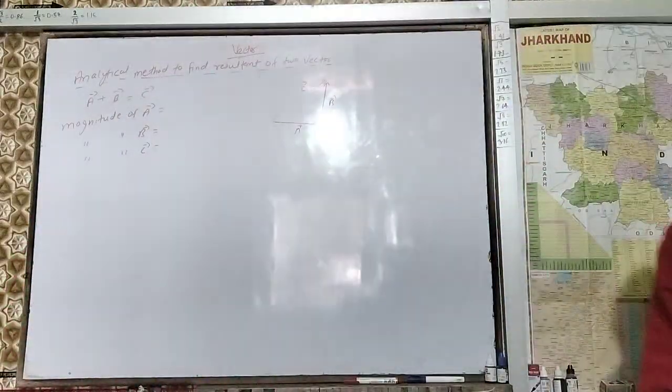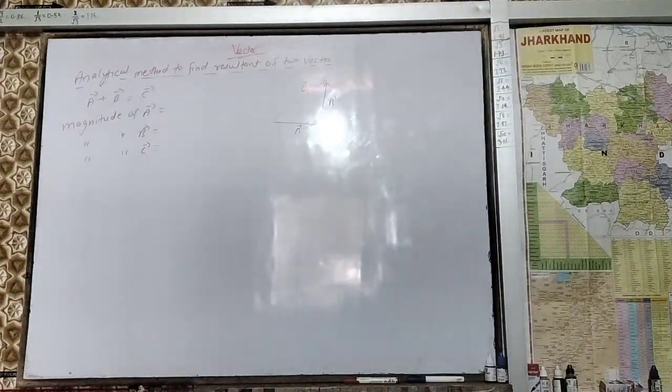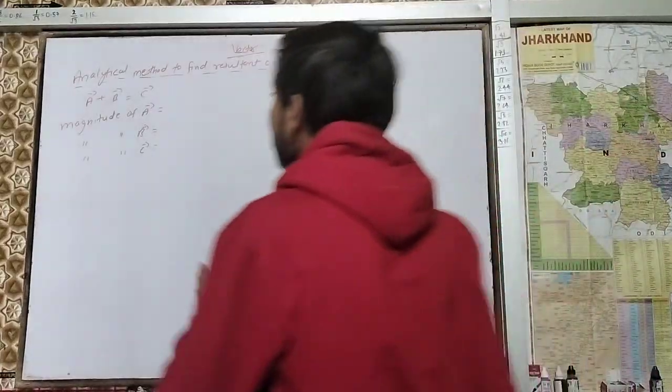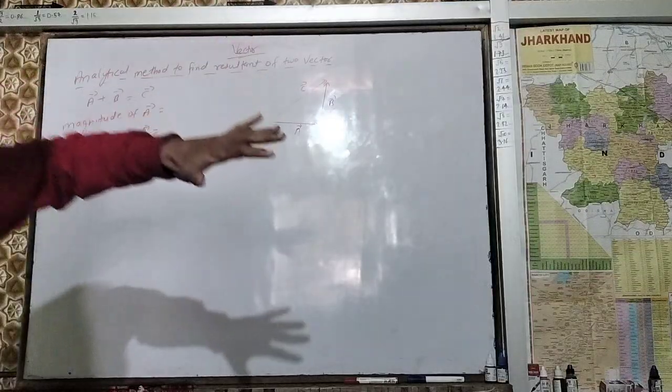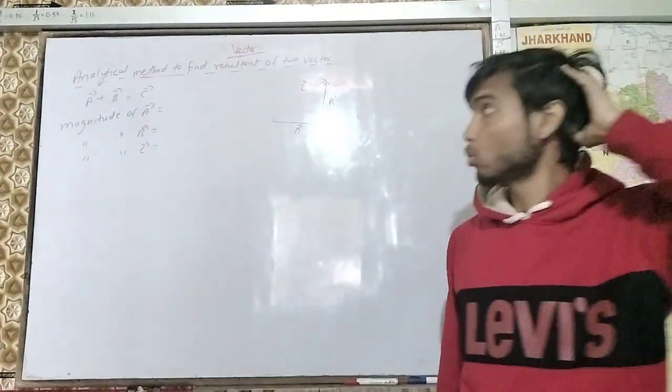This is our question. Look at this. This is an analytical method to find the resultant of two vectors.